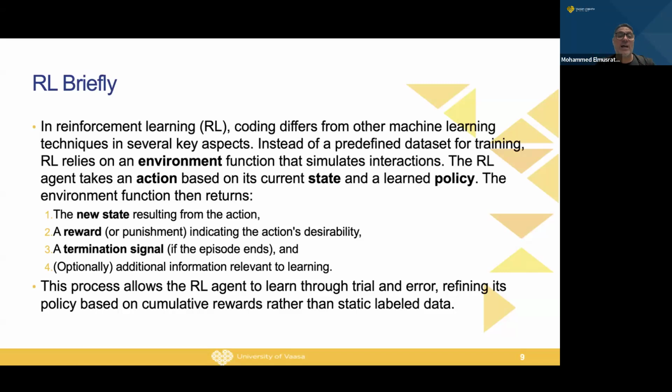Optionally, you can also have different kinds of information related to the learning, because we have what is known as deep reinforcement learning, where we use a neural network to model the environment. Some environments are very complicated and cannot be modeled with a simple Markovian process with a finite number of states.